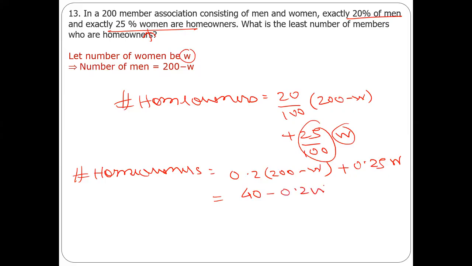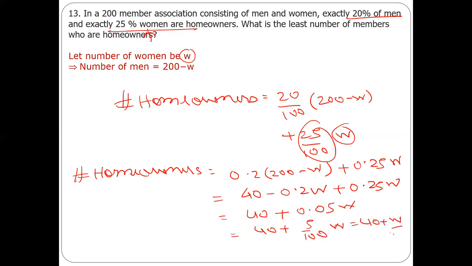Minus 0.2 W plus 0.25 W, right? Which would be 40 plus 0.05 W. Agreed? Which would be 40 plus 5 by 100 W, right? Which is nothing but 40 plus W by 20. So this is the total number of homeowners, right?